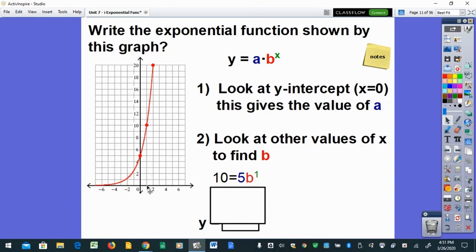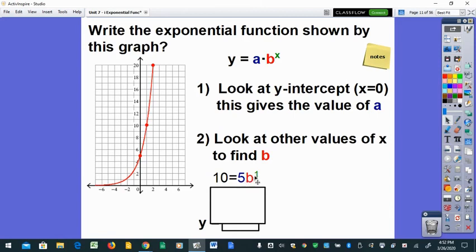So the 1 took the place of the x, the 10 took the place of the y, and the 5, which is the y-intercept, took the place of the a. And now we're going to solve this for b.